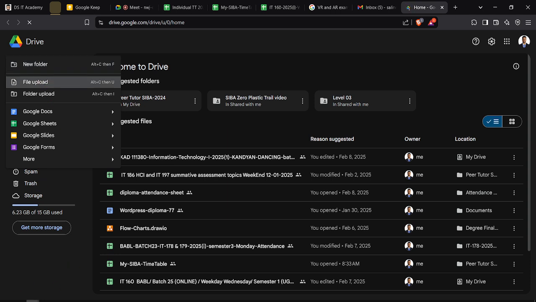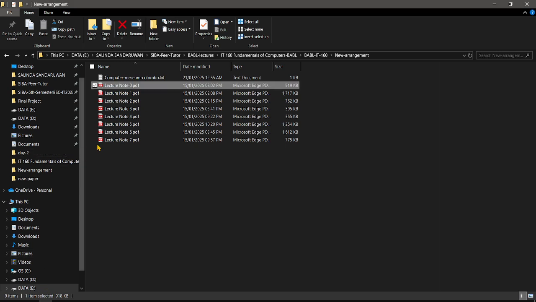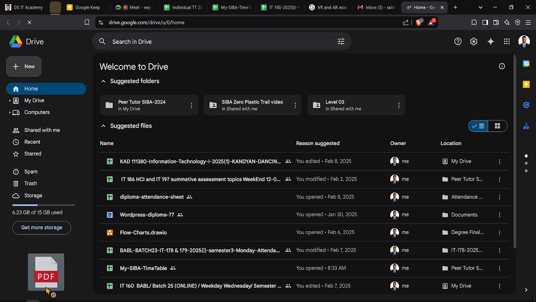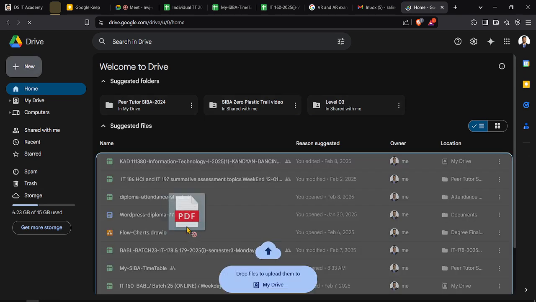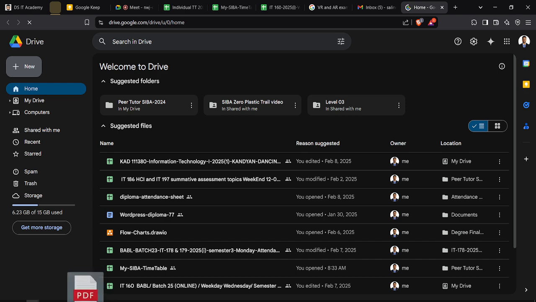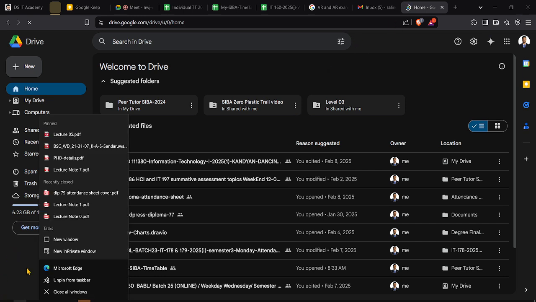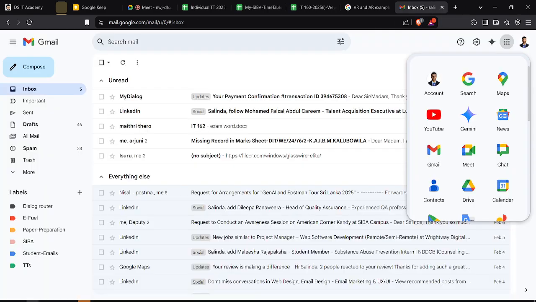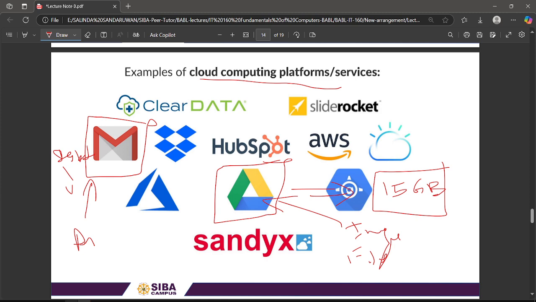Otherwise you can drag and drop files like this here, and it will upload, right? Here it says how much you have used. I have used 16 GB from the Google Drive, right?